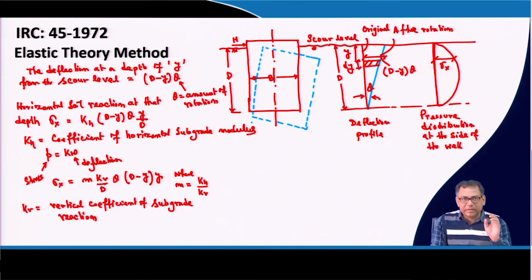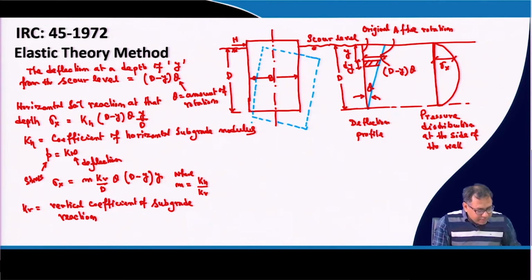I have discussed the coefficient of vertical subgrade reaction and the horizontal subgrade reaction during my discussion on shallow foundations as well as laterally loaded piles. So, k v is the coefficient of vertical subgrade reaction, k h is the coefficient of horizontal subgrade reaction and m is k h by k v. So, that means we can replace k h by m into k v.